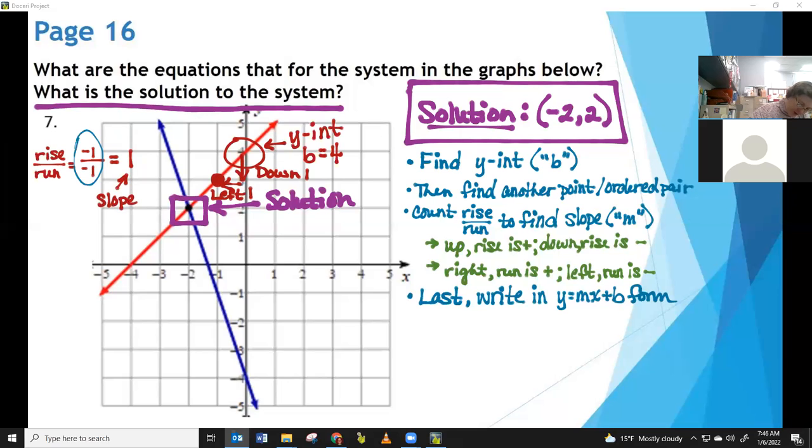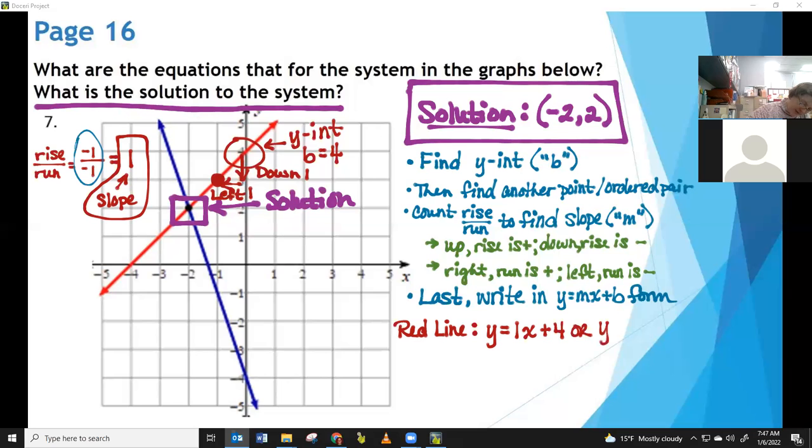Belzy, does that help you understand a little bit better? Awesome. Okay. So the red line has the equation y equals 1x plus 4.